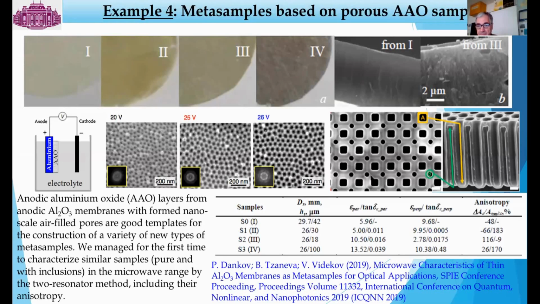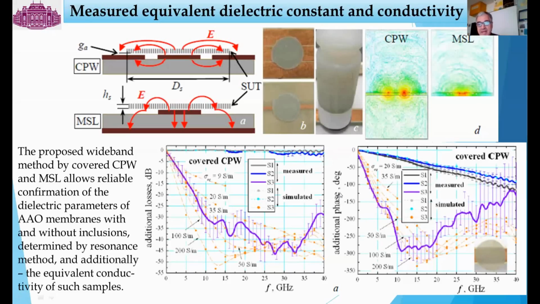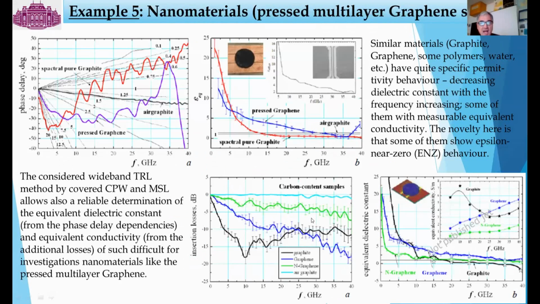If you put into the pores of this material different inclusions, we can obtain metamaterial properties, and we found a method to measure simultaneously the dielectric parameters and the effective conductivity of this material with a covered coplanar waveguide. This is also new information: dielectric constant and simultaneously conductivity of material.